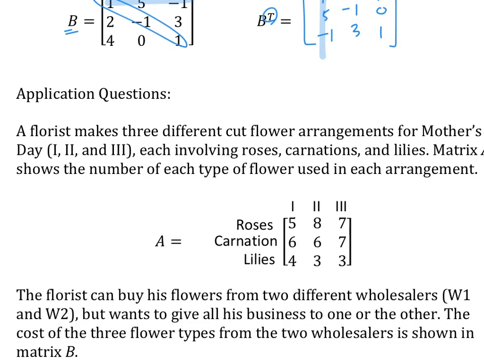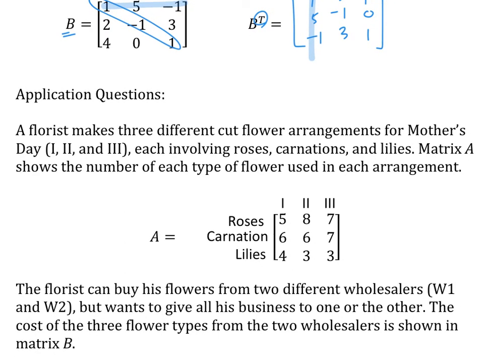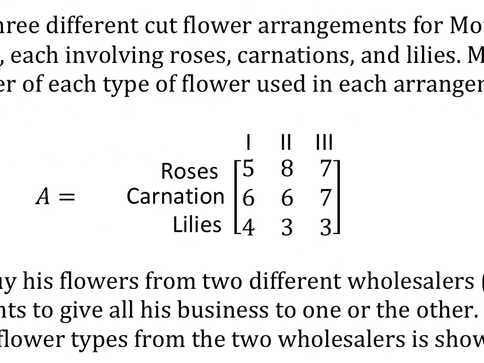A florist makes 3 different cut flower arrangements for Mother's Day, 1, 2, and 3. That means the different arrangements, each involving roses, carnations, and lilies. Matrix A shows the number of each type of flower used in each arrangement. All right, let's look at this. What does 1, 2, 3 mean?